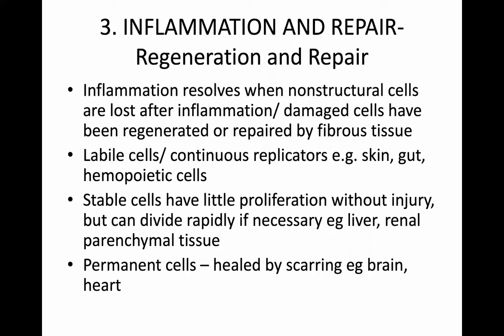Now, there are some permanent cells that are healed by scarring, for example, the brain and the heart as well. The muscles of the heart during infarction, once injured, similarly to the brain, for example, once there's a stroke, result in permanent scarring. So, for example, with a stroke, some blood vessels are changed.